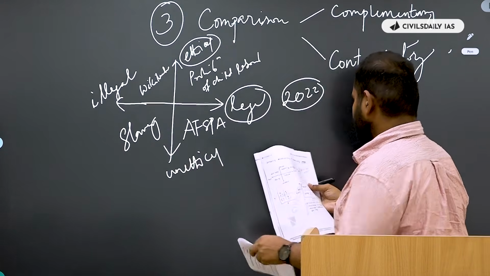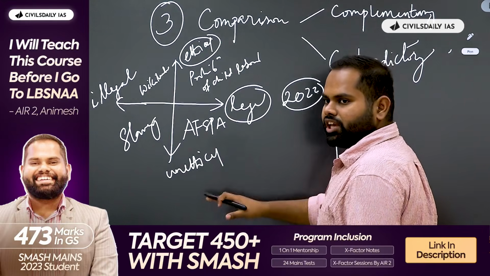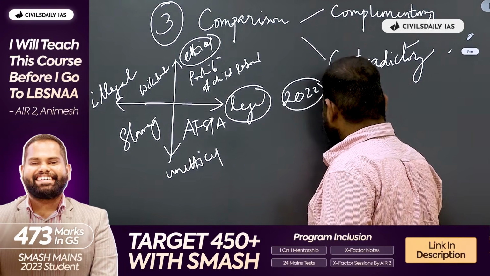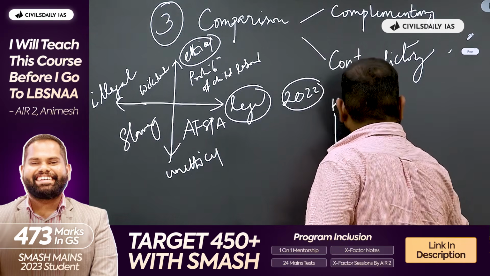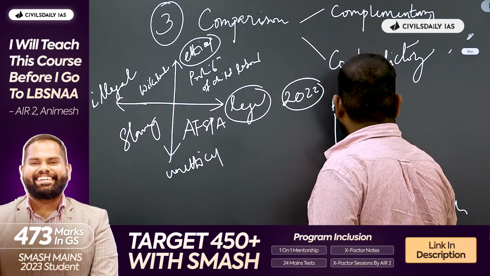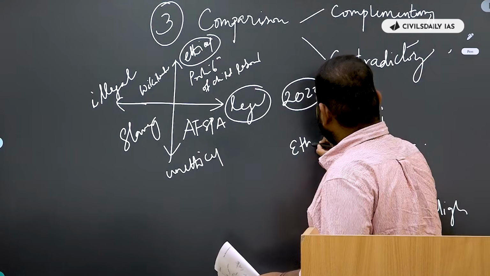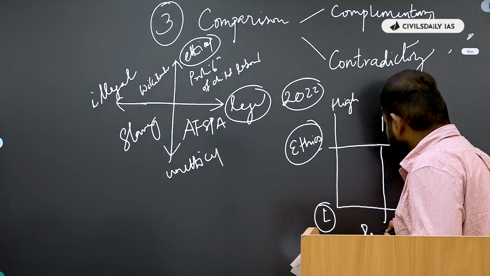So, another framework could be something like this, where you're not talking about extremes, but something in terms of ranges, like something as low and here something as high, and something here as high as well. And I'm telling here it could be ethics and here it could be performance.